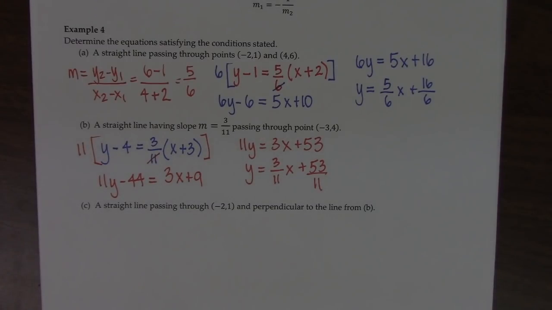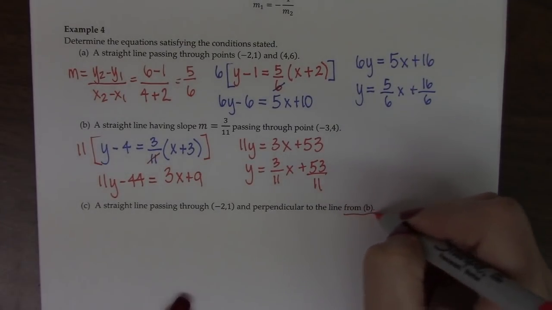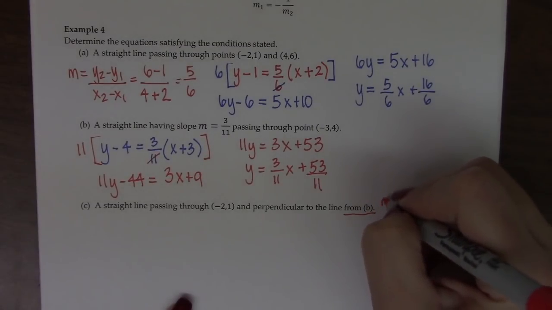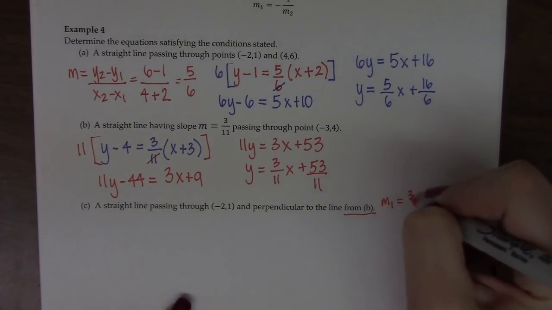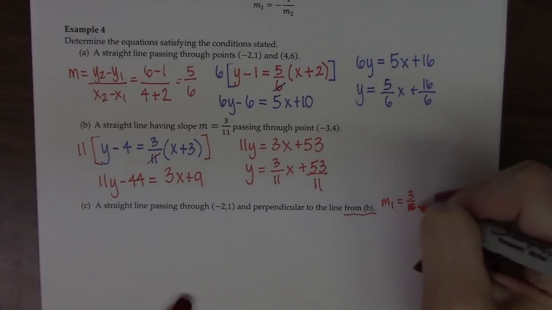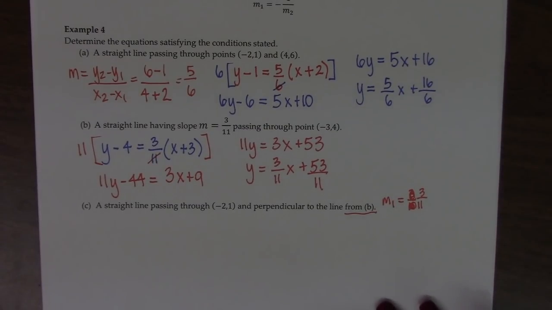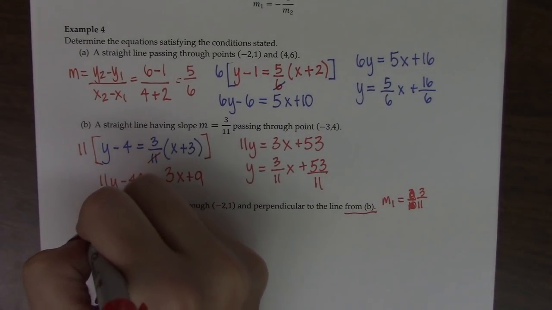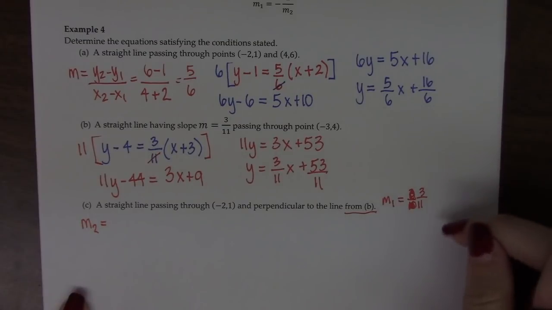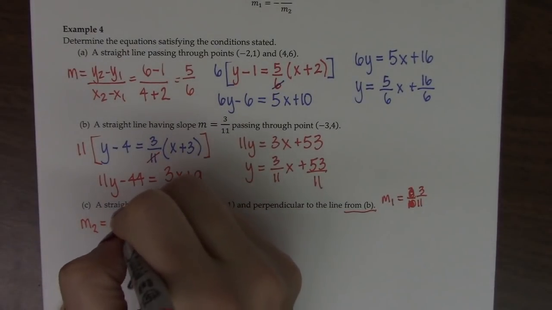C says a straight line passing through point -2, 1 and is perpendicular to the line from B. So the slope in part B was 3/11. Okay? So if I'm perpendicular, I want the negative reciprocal. So that means for the second line, we flip the fraction upside down.